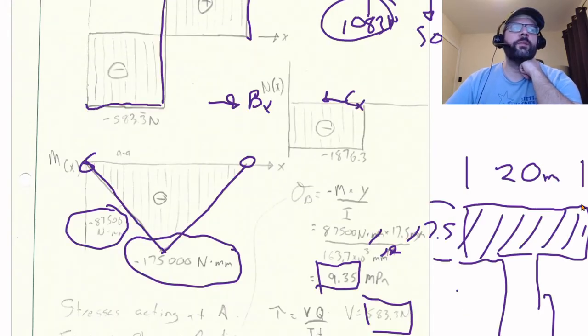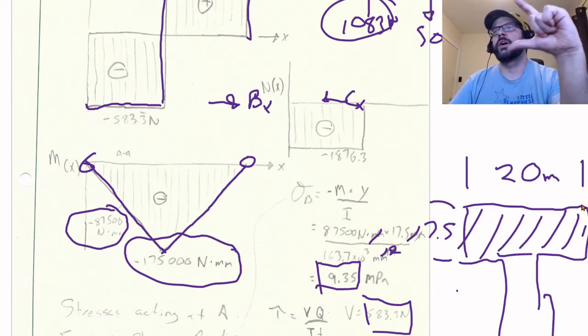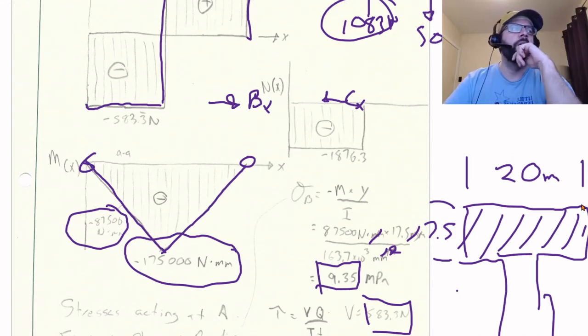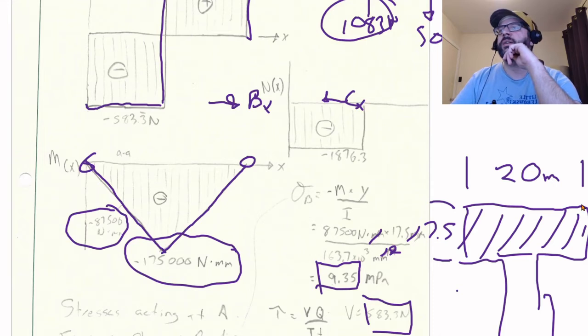And its distance from the centroid is just going to be, the centroid's in the center, so from the center to the top is 25 millimeters. So from the center to the centroid here is going to be that 25 millimeters minus half the thickness of the flange there.